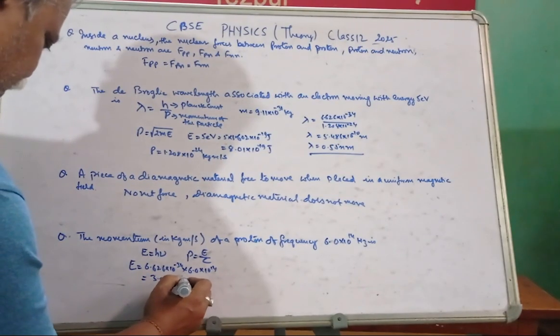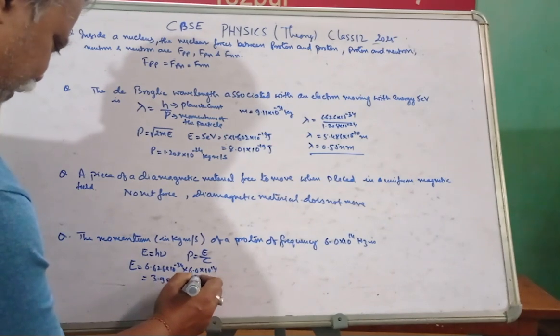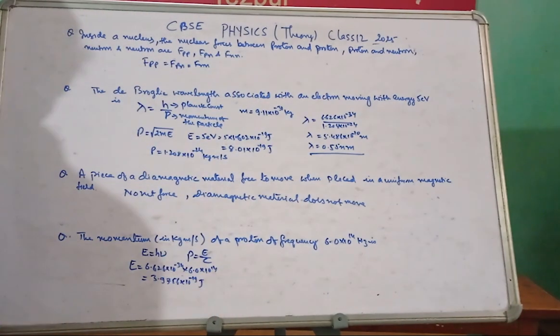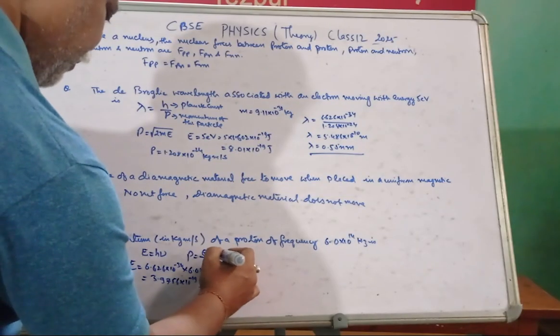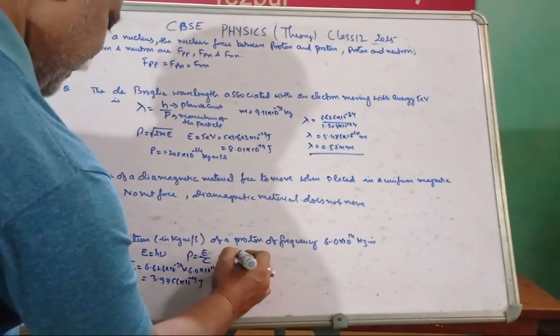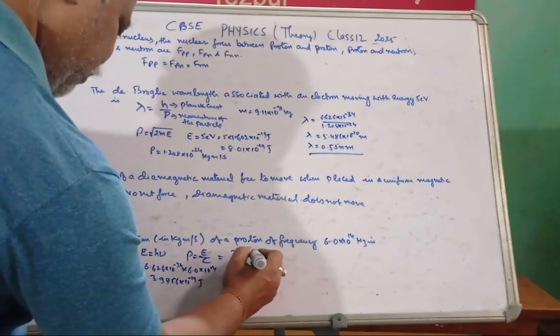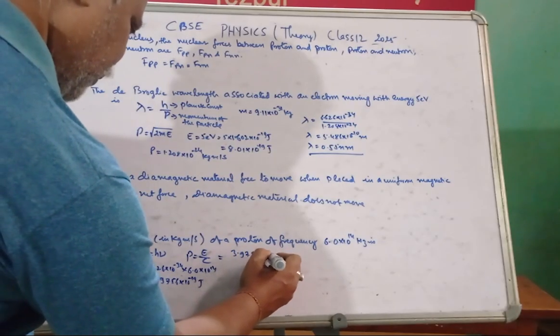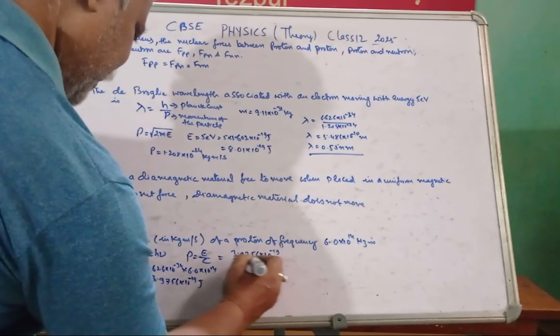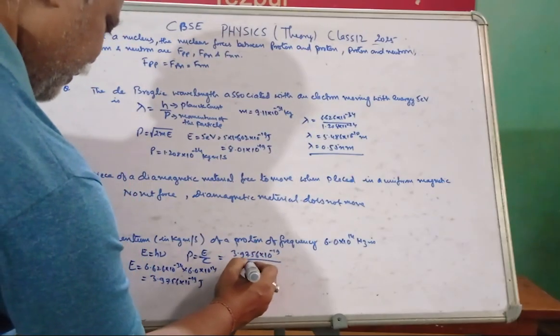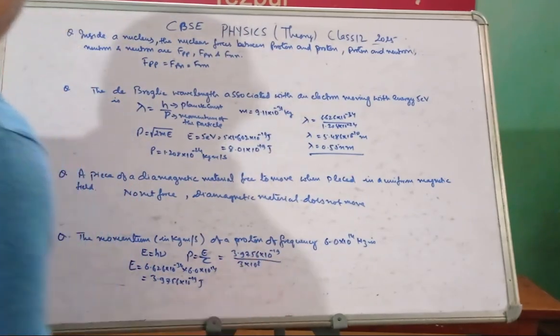Which comes out to be 3.9756 into 10 to the power of minus 19 joules. Your momentum P will be equal to this energy, 3.9756 into 10 to the power of minus 19, divided by c, that is 3 into 10 to the power of 8 meter per second.